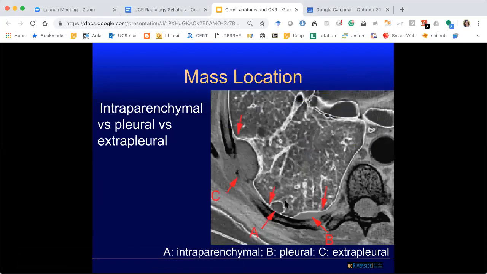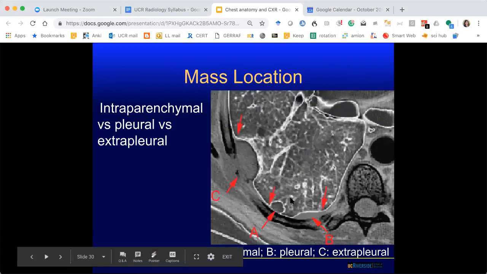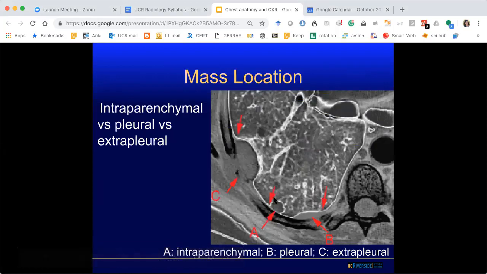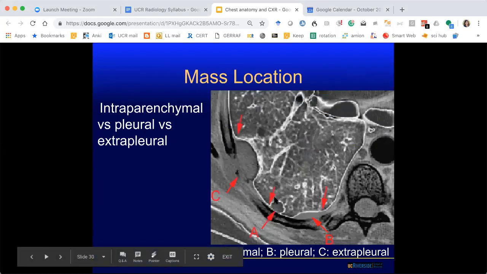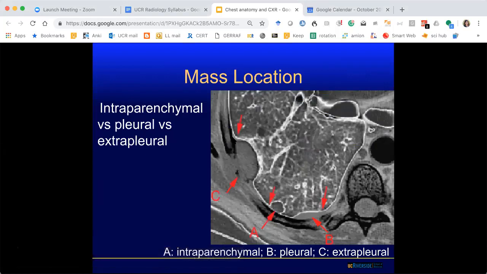Why is A parenchymal? So A is parenchymal because it has acute angles here. In contrast to, say, C, which has more obtuse angles. So if it has more obtuse angles, then it's extraparenchymal, right?